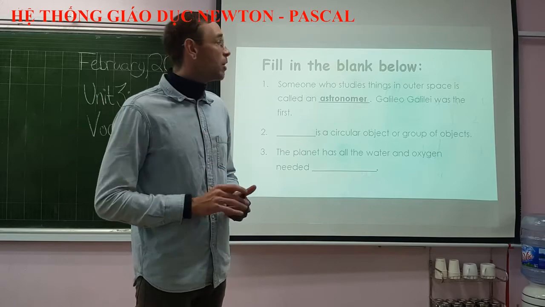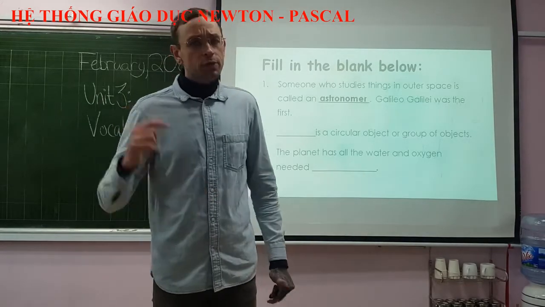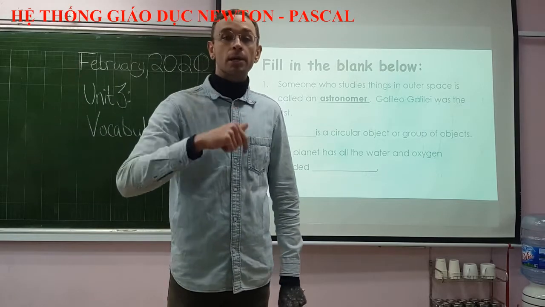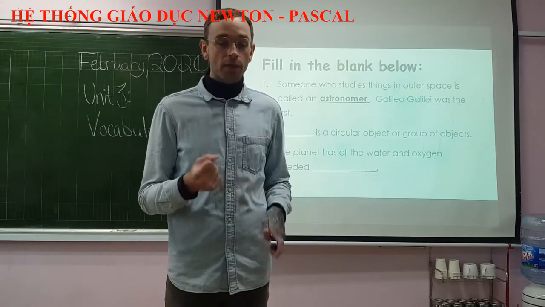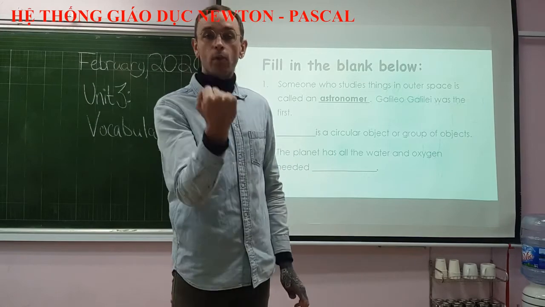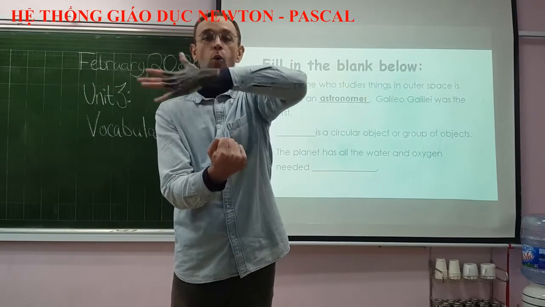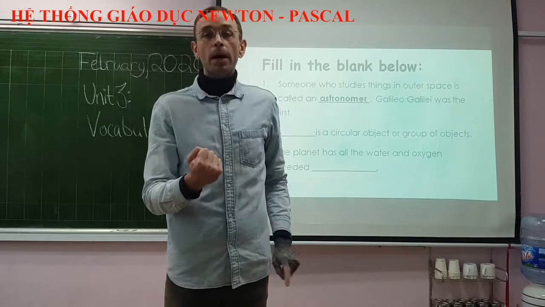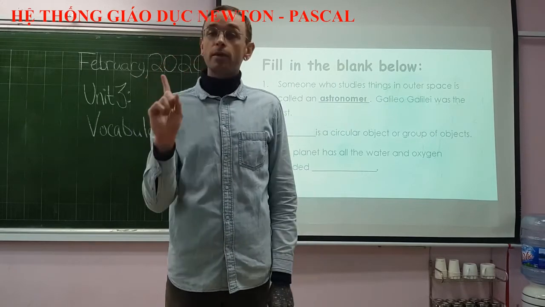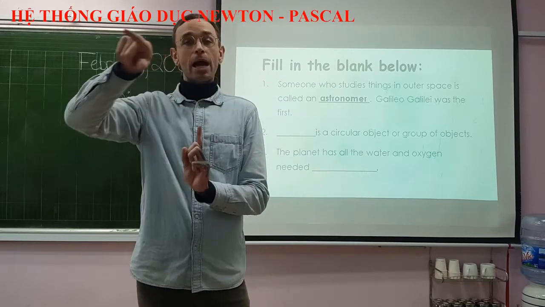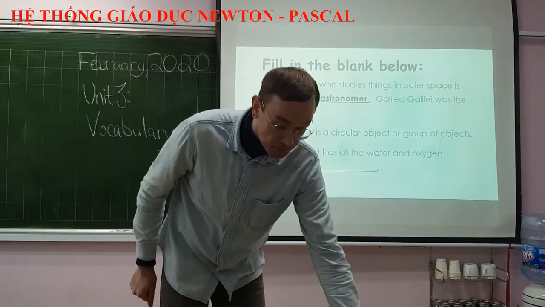And Galileo was the first person to figure out that the Earth goes around the sun. Before that, everyone thought that planet Earth was the center of the universe and everything else went around the Earth. But Galileo figured out that no, that's not correct. The Earth and all of the planets actually orbit around the sun.